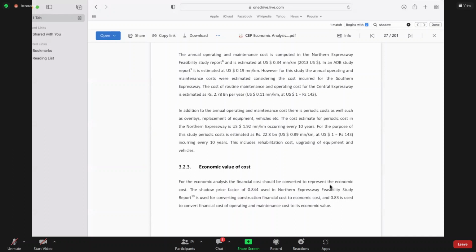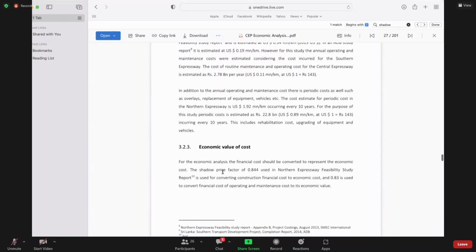That means taking into consideration externalities and any distortions due to taxes, inflation and all those things. For that, they say a factor of 0.844 has been used in the Northern Expressway feasibility study to convert the construction financial cost to economic cost.